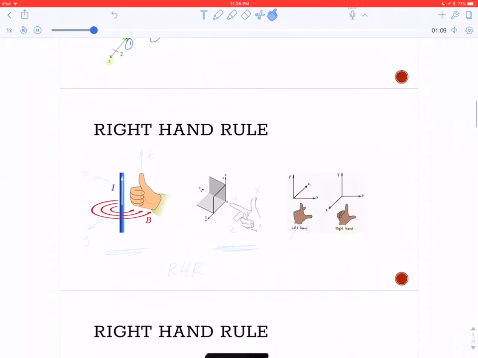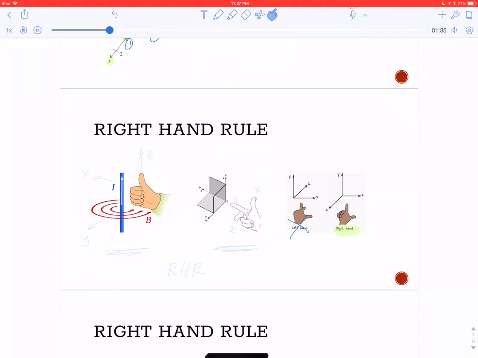Next, I want to talk about the right-hand rule. Here are two different ways to do it. So the first thing is to make sure that you're using your right hand, not your left hand. Otherwise, you'll get it wrong. Unless I say use a left-handed coordinate system, which I would never do.